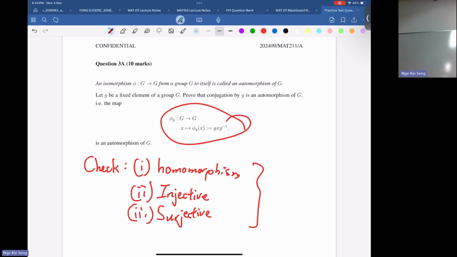But if your step is correct but your calculation is wrong, then you will get partial marks. Even if you tell me what to prove, maybe you get 1 mark. If you state the right thing to show, you get 1 mark.